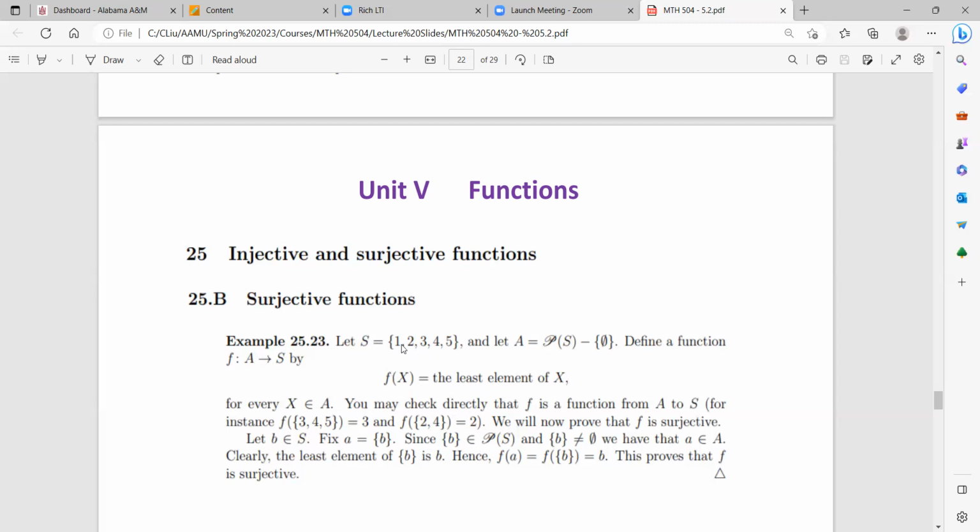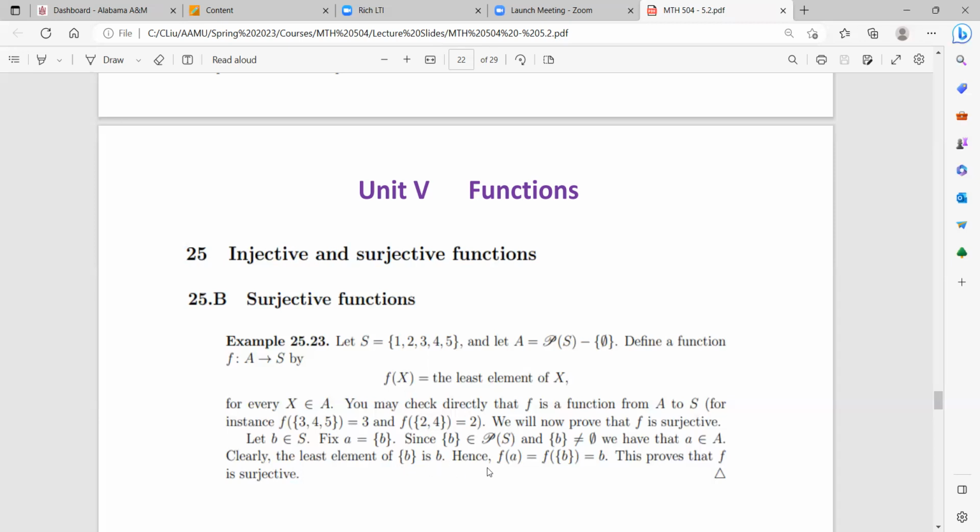Because b is an element of S, and it's not empty. So this A is in the domain. And then the least element of this set is b itself.